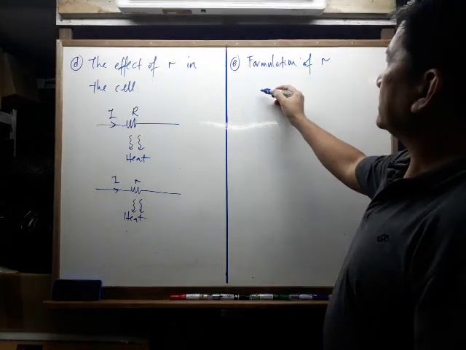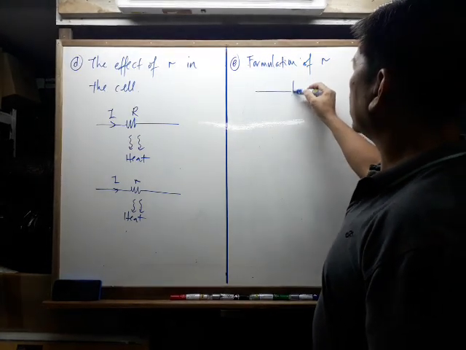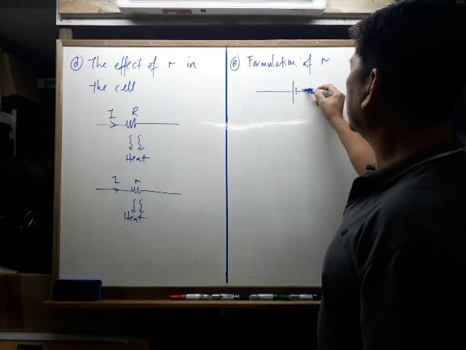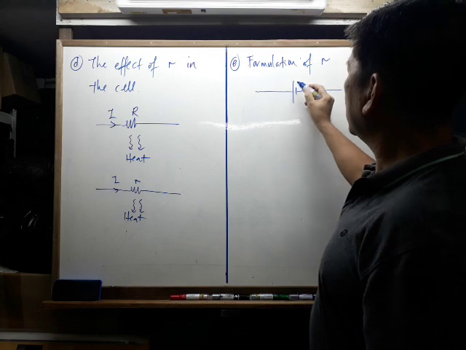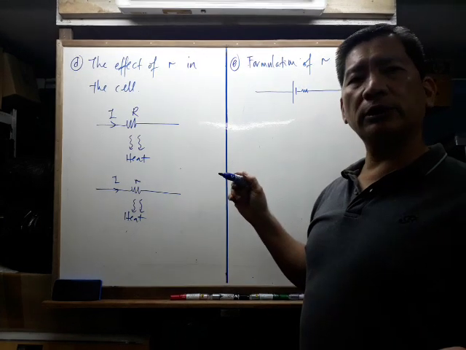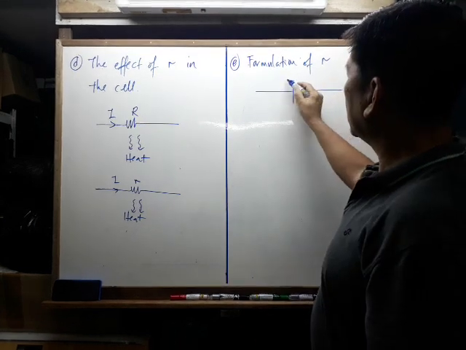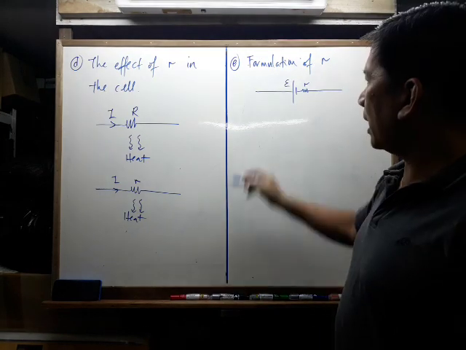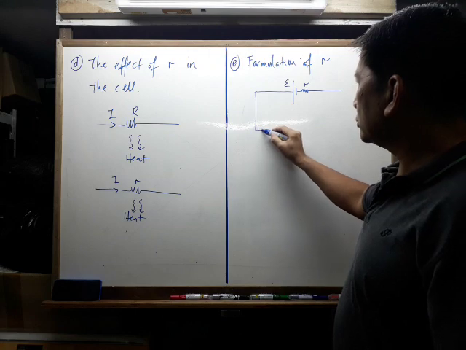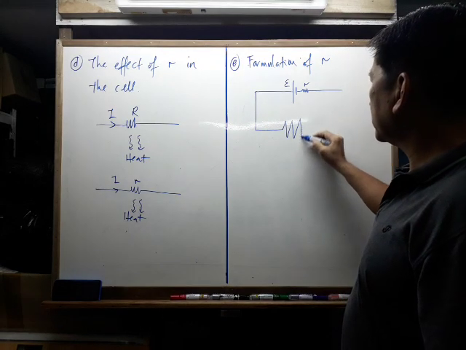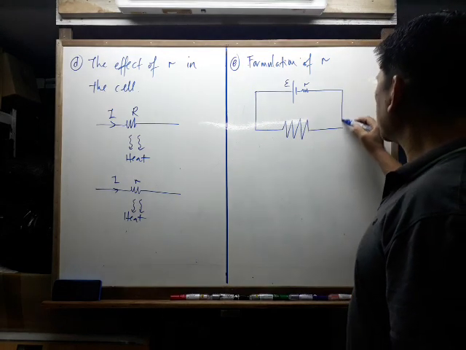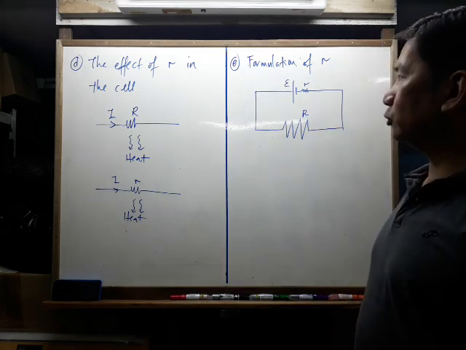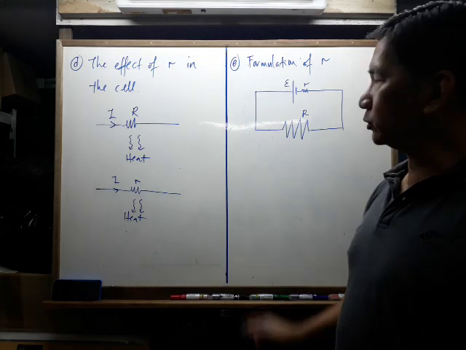Alright, so let's assume you have a battery, and you have an internal resistance. So normally a battery has something that we call the EMF, and that is the symbol we use, and the internal resistance is small r. And let's say we connect it to an external resistor, so we use a capital letter R.